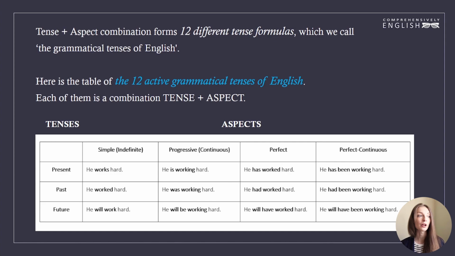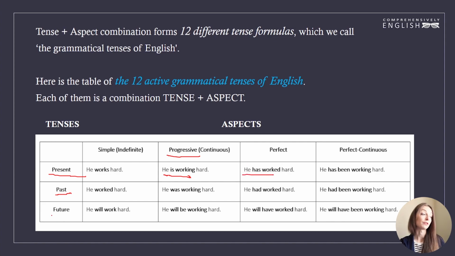Here is the table of the 12 active grammatical tenses of English. Each of them is a combination of tense plus aspect. For example, if we combine the present tense with a progressive aspect, we get the present progressive tense. If we combine the past tense with a perfect aspect, we have the past perfect tense.